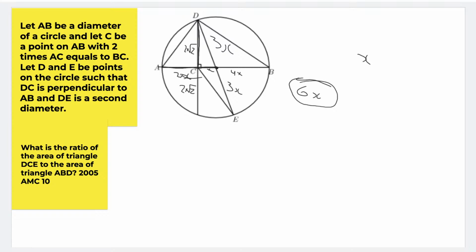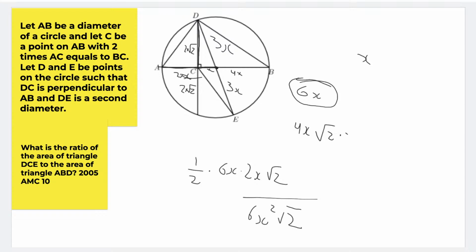We want to find the area of ABD, which is 1/2 times the base, the diameter 6x, times 2x times square root of 2. So this is 3x times 2x square root of 2, so 6x squared times square root of 2. Now we find the area of the other triangle DCE. The base is 4x times square root of 2, and the height is 2x, times 1/2.